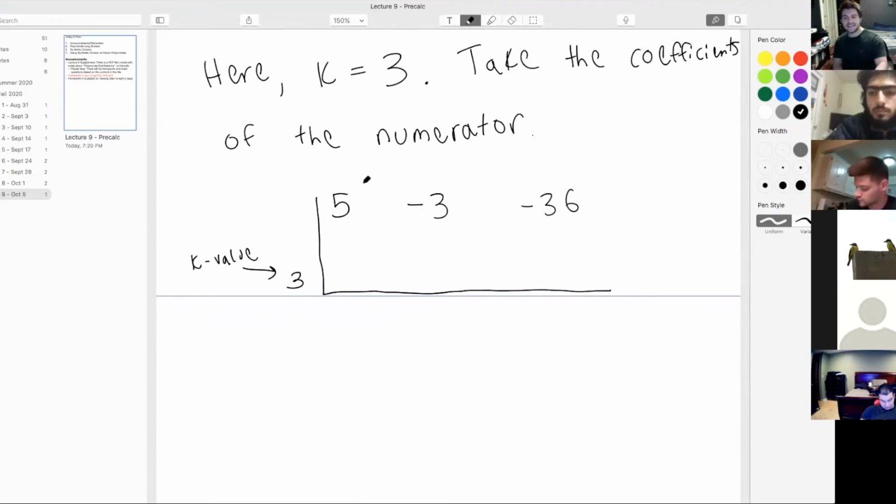Take this number 5, bring it down, put it here. Now do 5 times 3 and put the result right here. 5 times 3 is 15, so I will put a 15 right here. Now you do -3 plus 15, this number plus whatever number is there. So -3 plus 15 is 12.